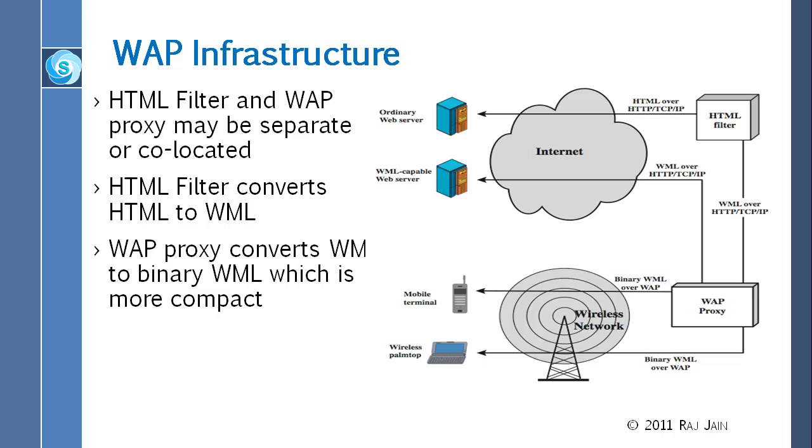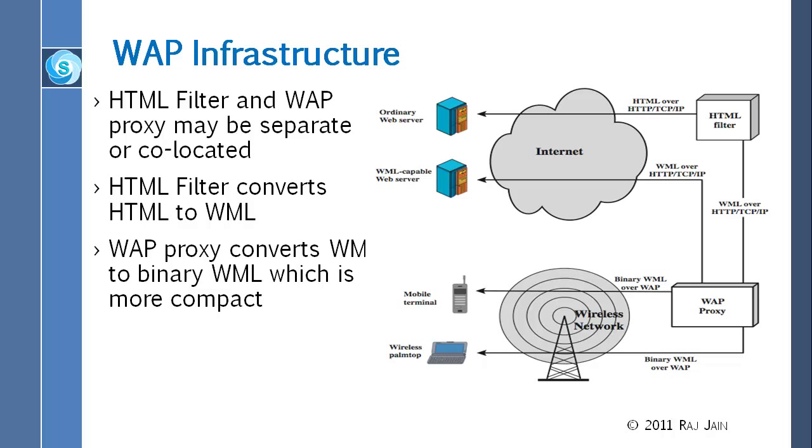And that is one. And then the proxy is here, because the proxy further reduces these pages, even though they are designed for wireless devices, to compress them, making them binary, more like a zip, and that way fewer bits are transmitted over the air.